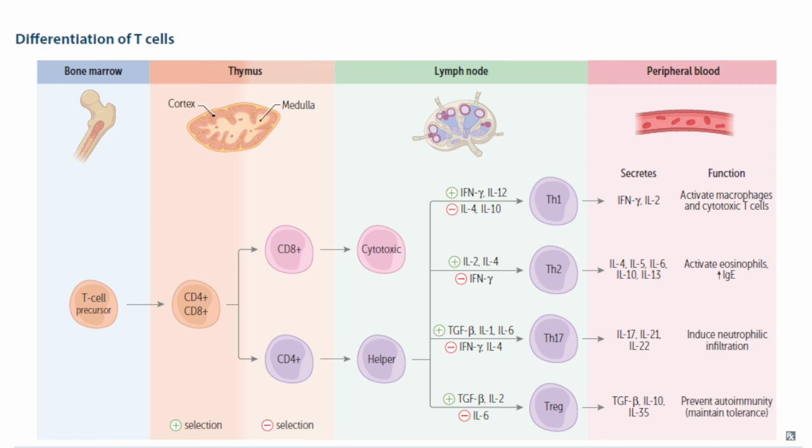I would say the most important thing to learn here is that Th1, remember CD4 helper, secretes interferon gamma and interleukin 2, and they activate the macrophage and cytotoxic cells. And the other group, Th2, they secrete interleukin 4, interleukin 5, interleukin 6, 10 and 13, and they activate eosinophils.